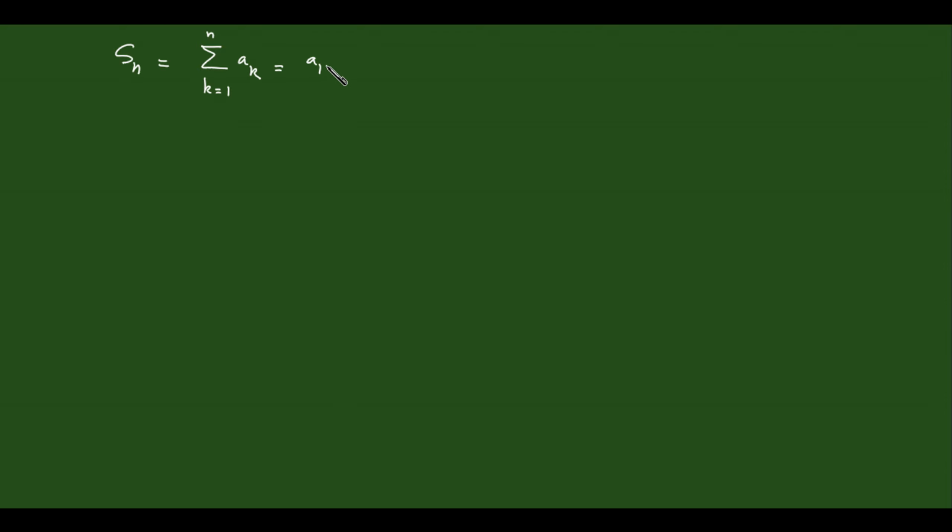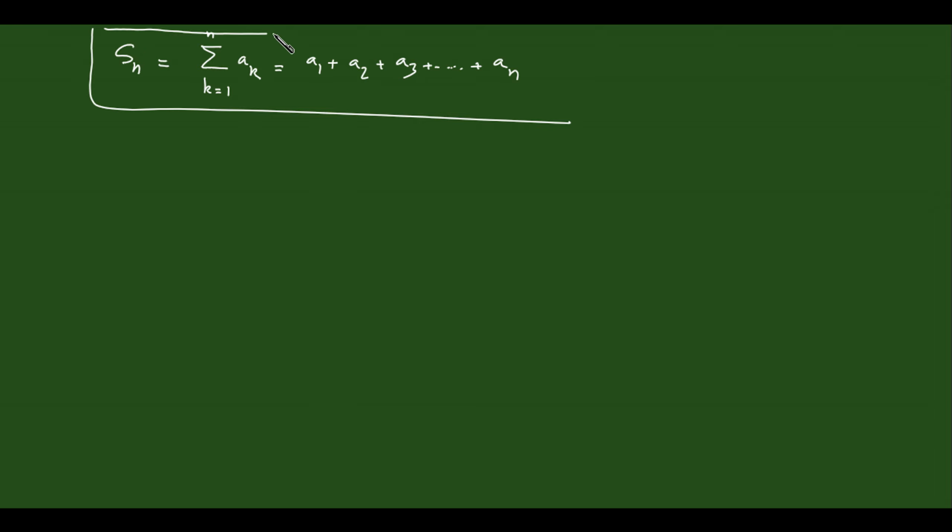If k equals 2, it will be a2, with addition, because we're talking about sigma notation, plus a3 if k equals 3. If k equals n, then we add up to a sub n. So that will be equal to S sub n. I'm going to box this.